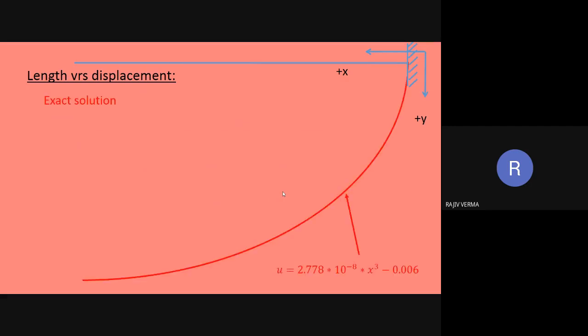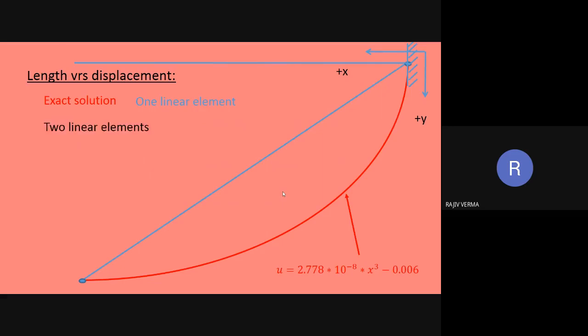And the exact solution happens to be a cubic solution indicated in red at the bottom. And once you are dividing the domain in one element, this is the solution which you get. Obviously, since there is only one element and the element itself happens to be a linear element, therefore the solution is going to be represented by a straight line.